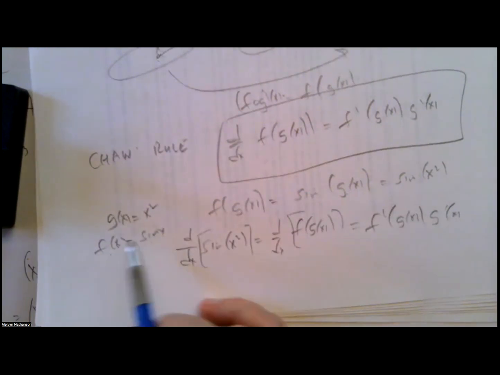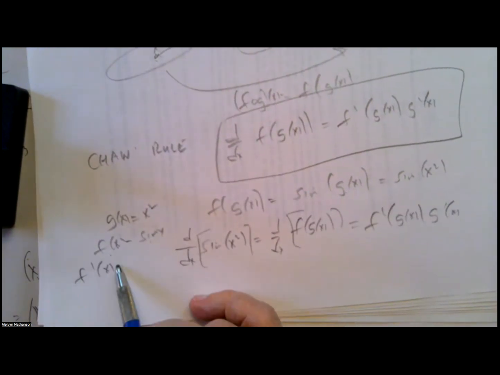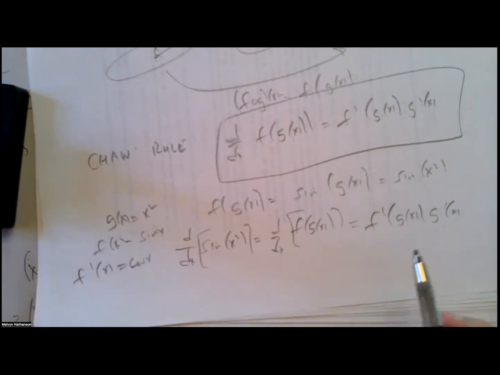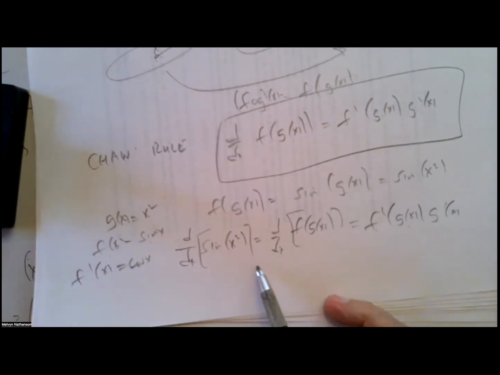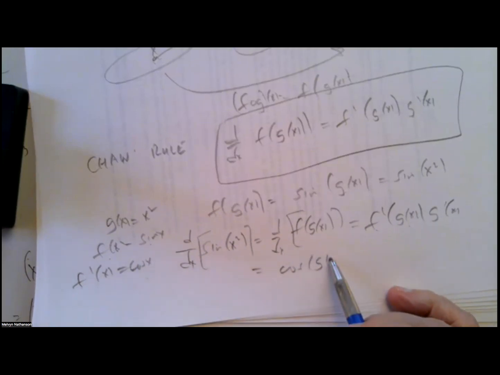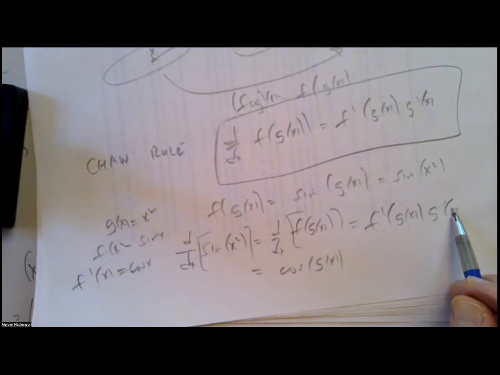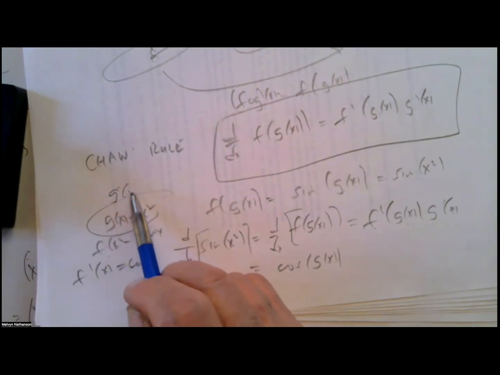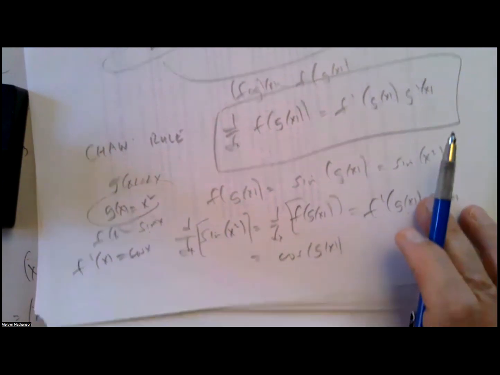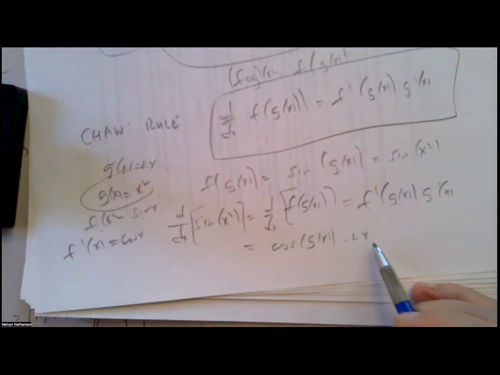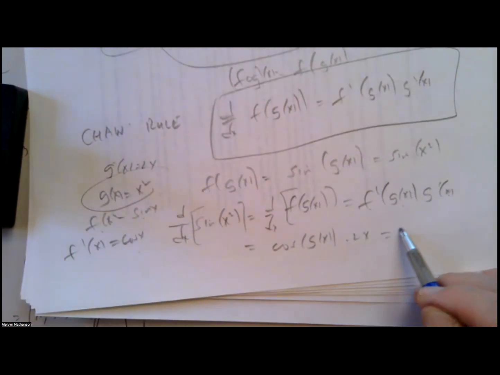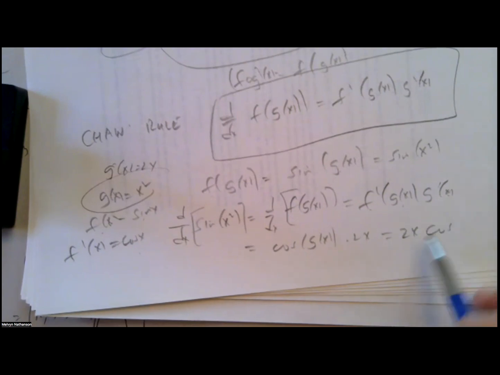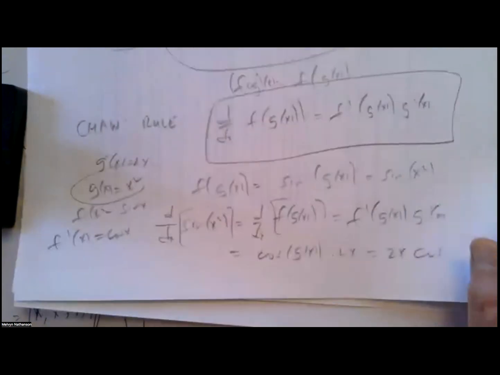Now, if f of x is the sine, f prime of x is the cosine of x. So f prime of g of x, this means the cosine of g of x times g prime of x. If g of x is x squared, g prime of x is 2x by the power rule, times 2x. Let me just write this. This is 2x times the cosine. What is g of x?